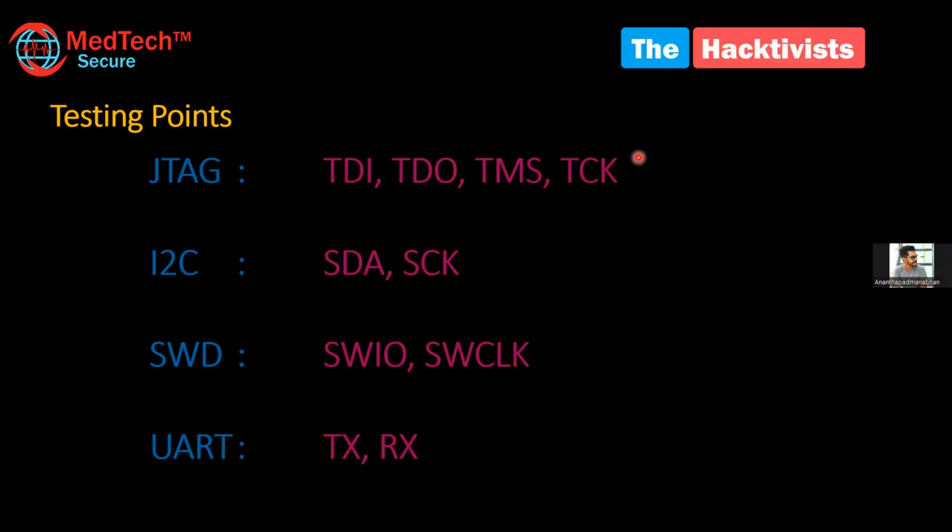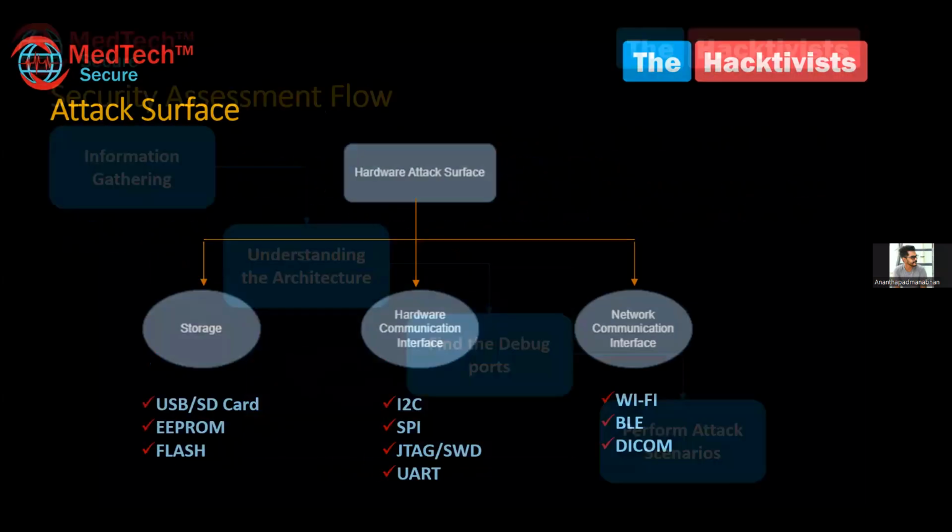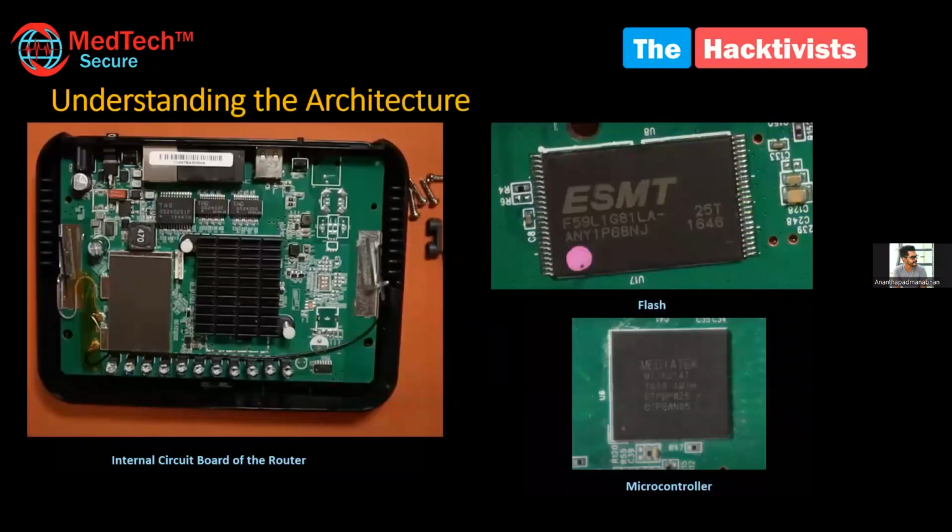We are mainly focusing on these because they are pretty common, and from a beginner's perspective it is very good to know. So we'll look into whether that particular data sheet has any of these points. That is one strategy for finding the testing points.